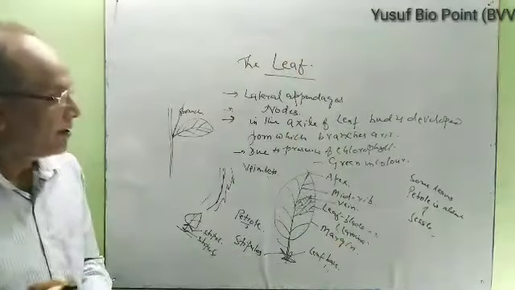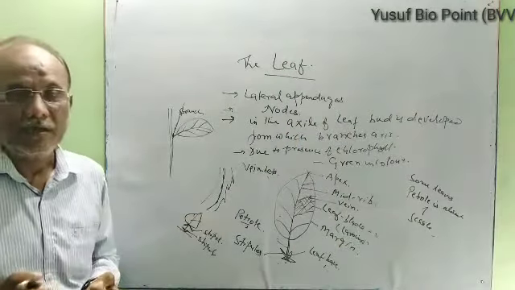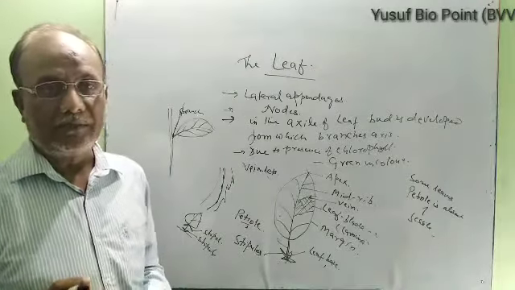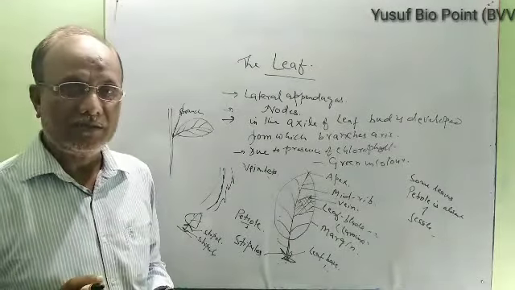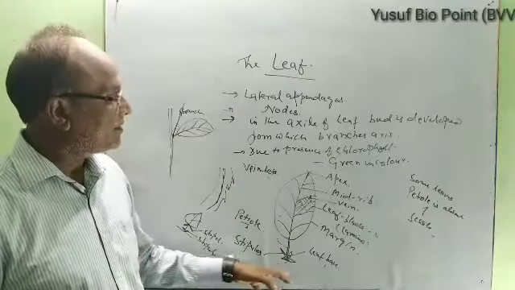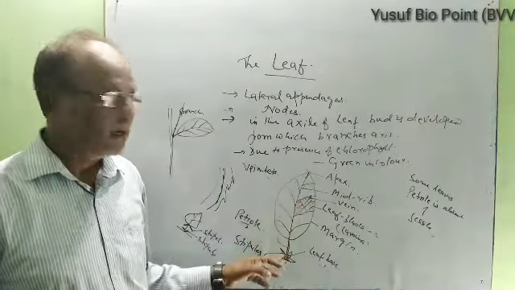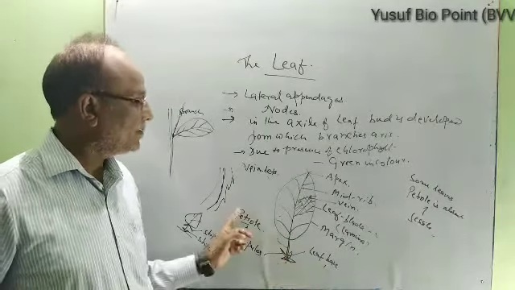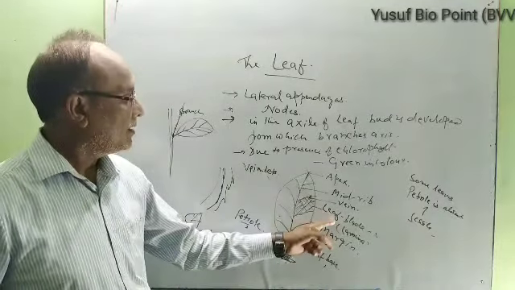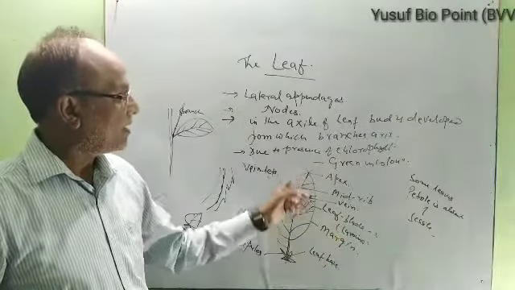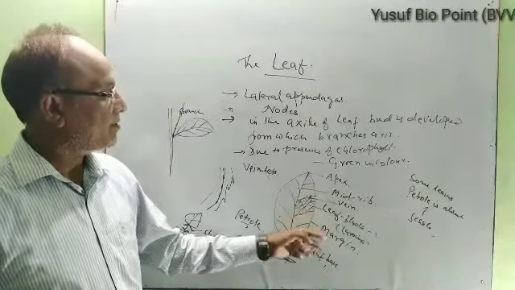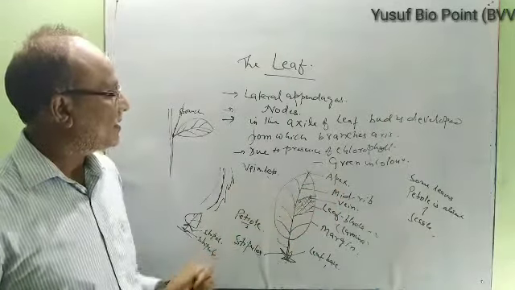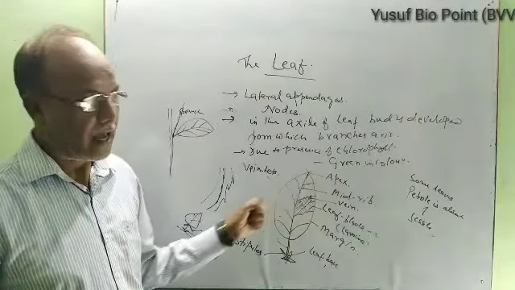If the petiole is present, it is called petiolate, and if absent, sessile. The leaf blade has several parts: margin, veins, midrib, veinlets, and the topmost part, the apex.